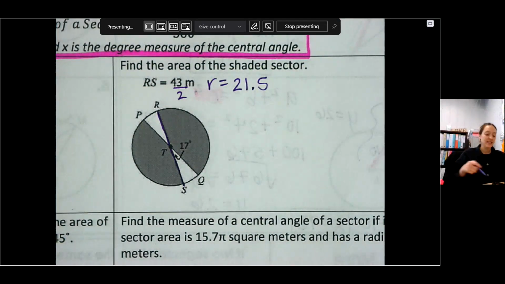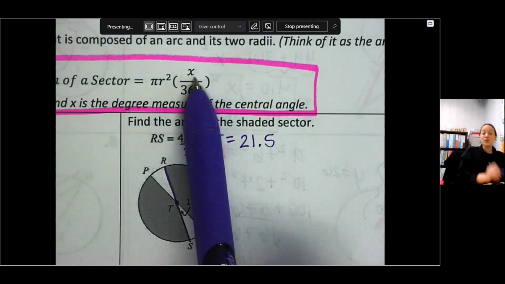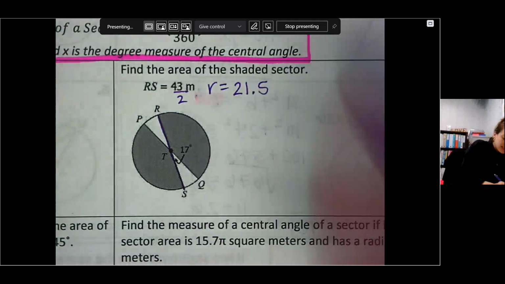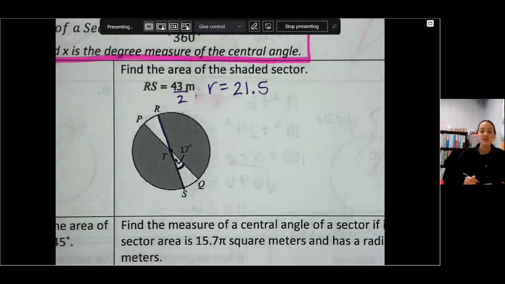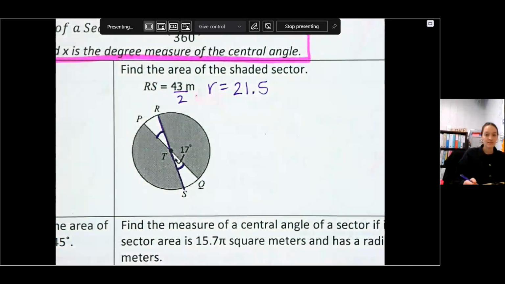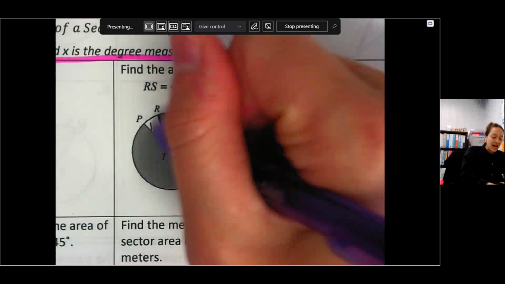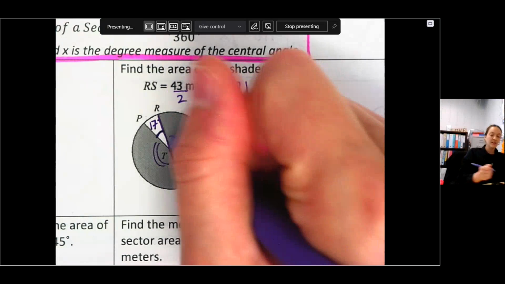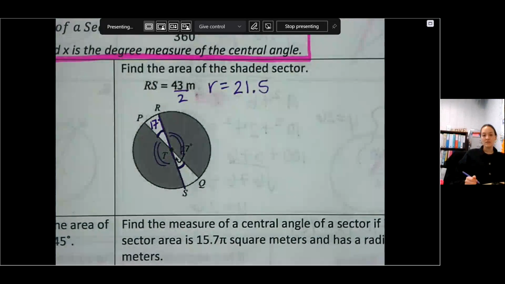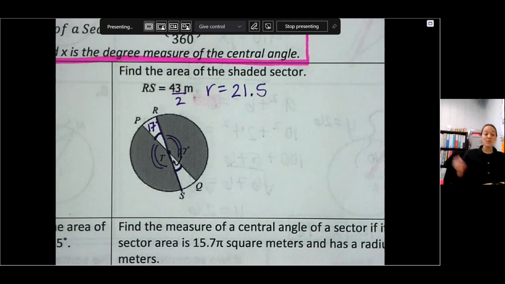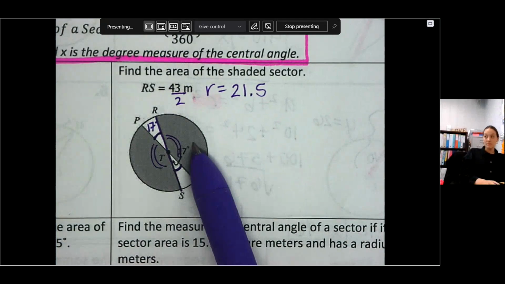Now we also need the x, which is my degrees of the central angle. Now, this one that's unshaded, I tell you this is 17 degrees. What does that mean this one over here that's also unshaded is? 17 degrees. I want the degree measure, though, of the ones that are shaded. How do I figure that out? Subtract 17 from 180. That'll give me one of them. Yeah. And I can do it that way.